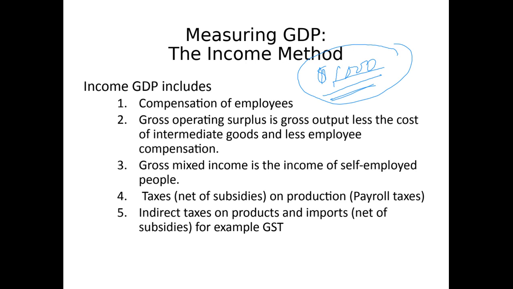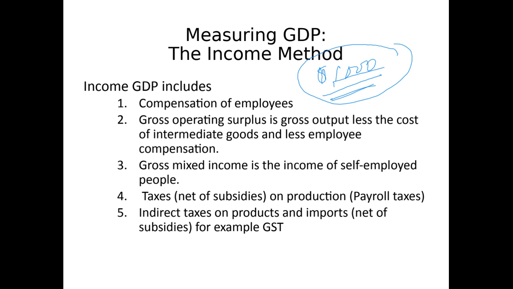That is, we subtract subsidies on production, for example payroll taxes, and then indirect taxes on products and imports, net of subsidies, for example goods and services taxes, GST. So we add these two types of taxes to these three incomes, and we get the exact same answer as we get using the expenditure approach.